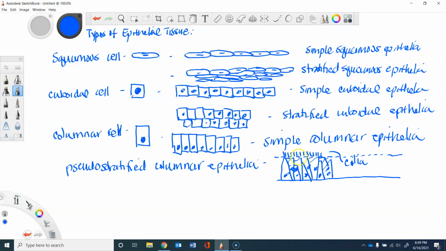Okay? And pseudostratified columnar epithelia is generally in the respiratory tract, which is kind of a mucousy place. And it actually makes mucus through cells that look like little goblets.